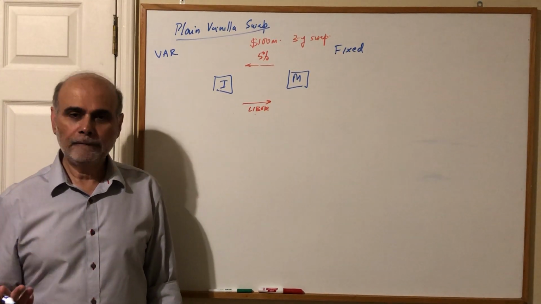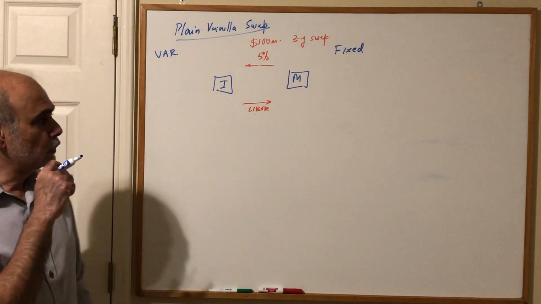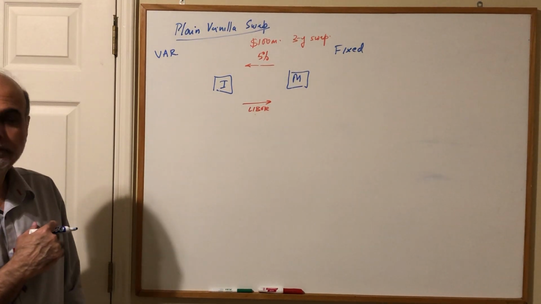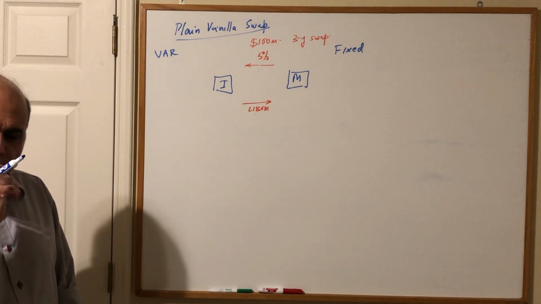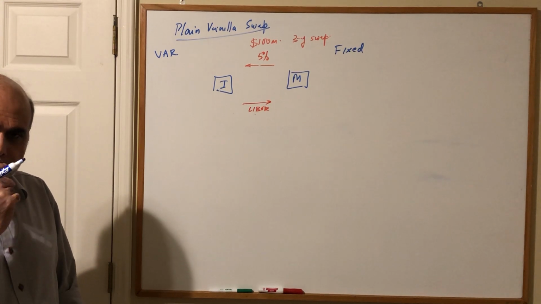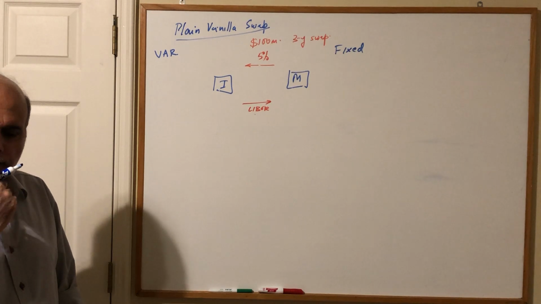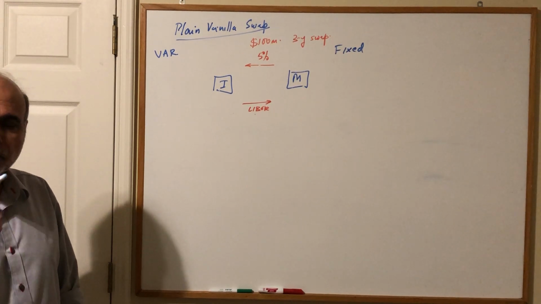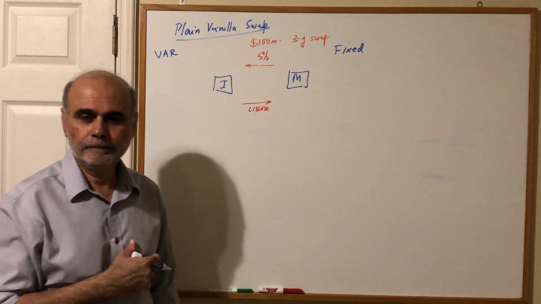The variable rate financing will be LIBOR plus a spread. So suppose it's Microsoft's turn. And the investment bank tells Microsoft, look, you can get a 5% fixed, or the LIBOR rate is 4 and the spread will be 4 plus 2. Say we have a 2% spread.